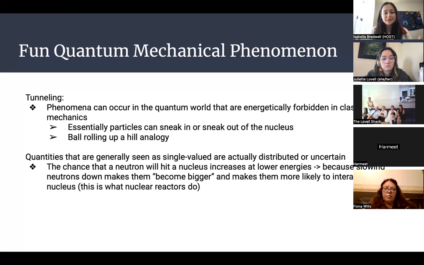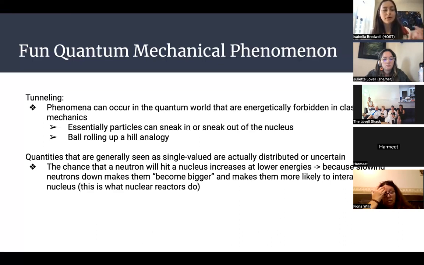And then just to reiterate the fact that quantities that are generally seen as single valued, like time, or position, momentum, are actually distributed or uncertain. A good thought experiment for this is the chance of a neutron hitting a nucleus, that's how fission works, for example.